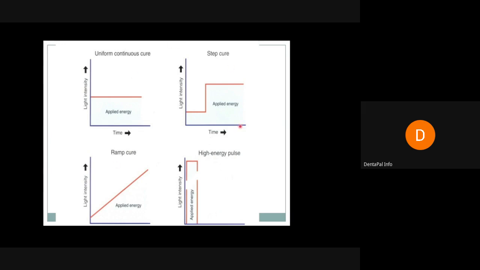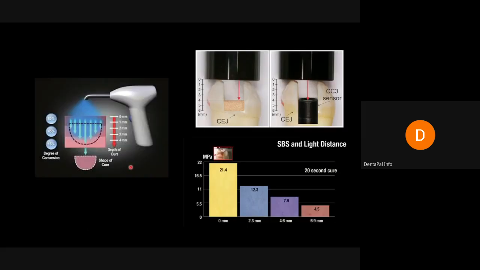So, which is the suitable mode for polymerizing composite? Usually, we start with soft cure, with ramp cure. We start with less intensive energy and increase the intensity of energy with time.